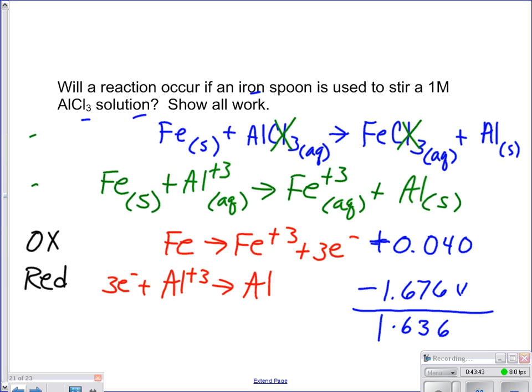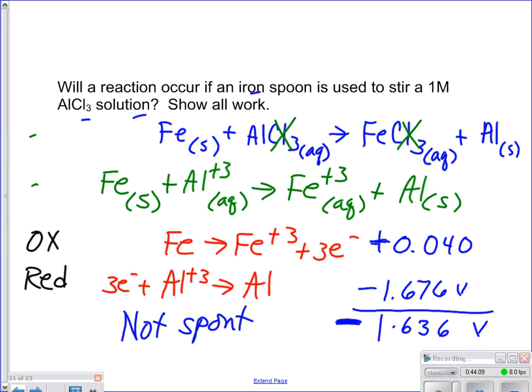That's a tough math right there. It is a negative value. So I can feel at peace knowing that yes, this is not spontaneous. When I create this big old vat of aluminum chloride, I am not going to have to worry about my metal spoon interfering with my aluminum chloride. It will not react. It will not take place.